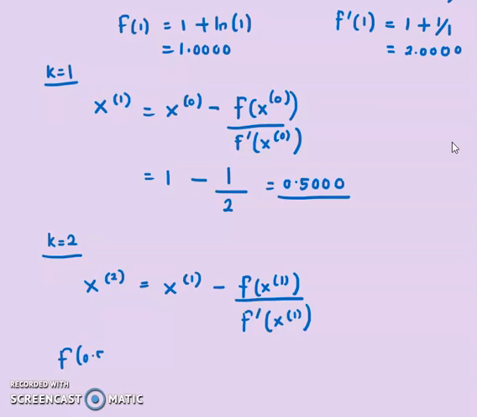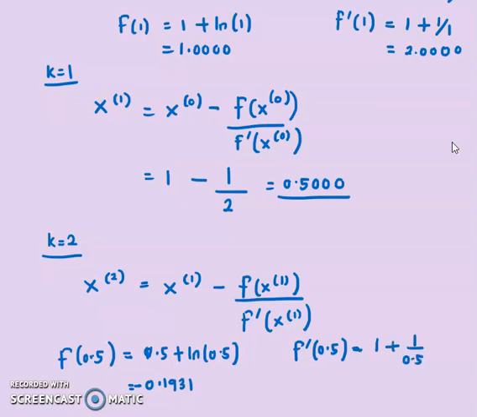So f of 0.5 is 0.5 plus ln 0.5. This is the function that we are looking at. By pressing the calculator, I think there's a negative 0.1931, and the other one is f prime 0.5, which is 1 plus 1 over 0.5. So 1 plus 1 over x, where x is 0.5, gives 3.0000.